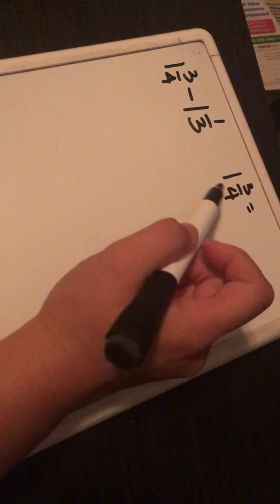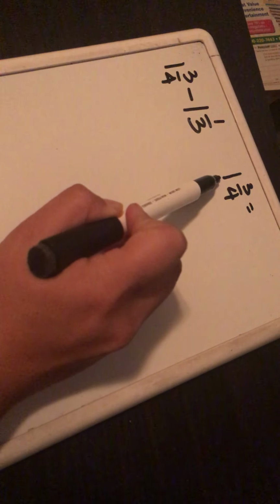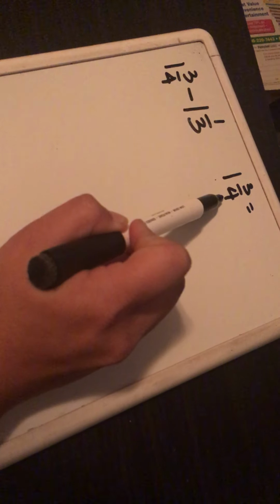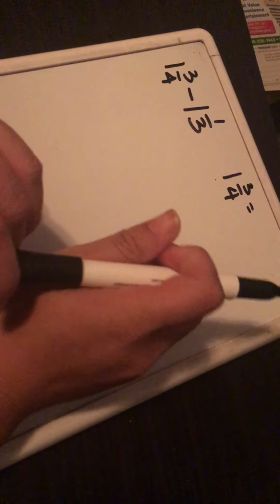So let's start with the 1 3/4, okay? Let's convert that. And how we would convert this is we would multiply our whole number by our denominator, and we'll add it to our numerator.